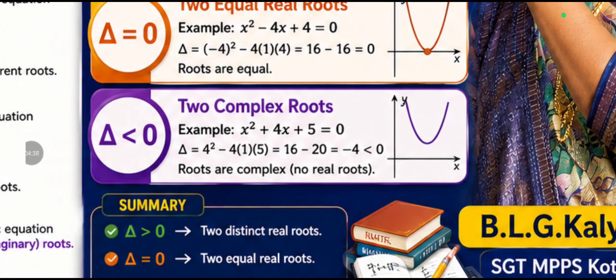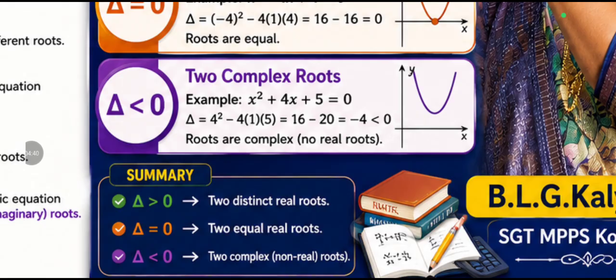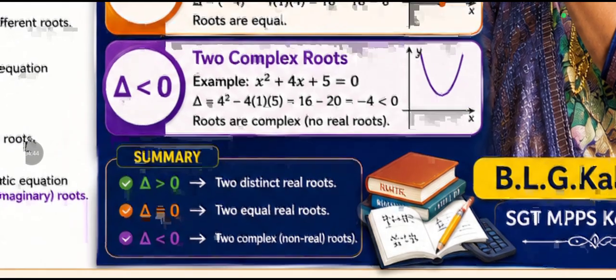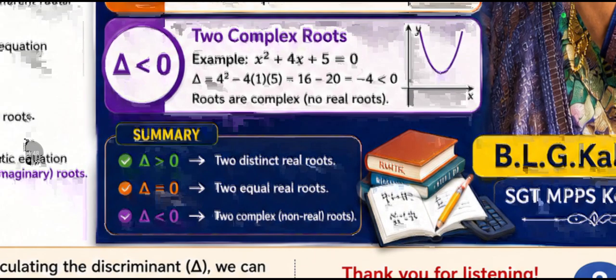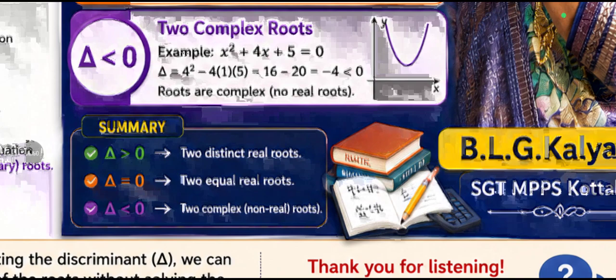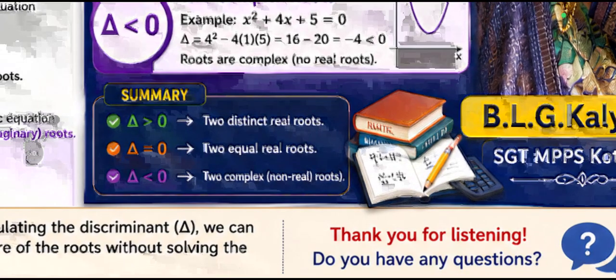Now last one, if delta is less than 0, two complex roots must occur. For example, x square plus 4x plus 5 equals to 0, then delta equals to 4 square minus 4 into 1 into 5. That implies 16 minus 20 equals to minus 4, which is less than 0. So roots are complex numbers, that means imaginary numbers.